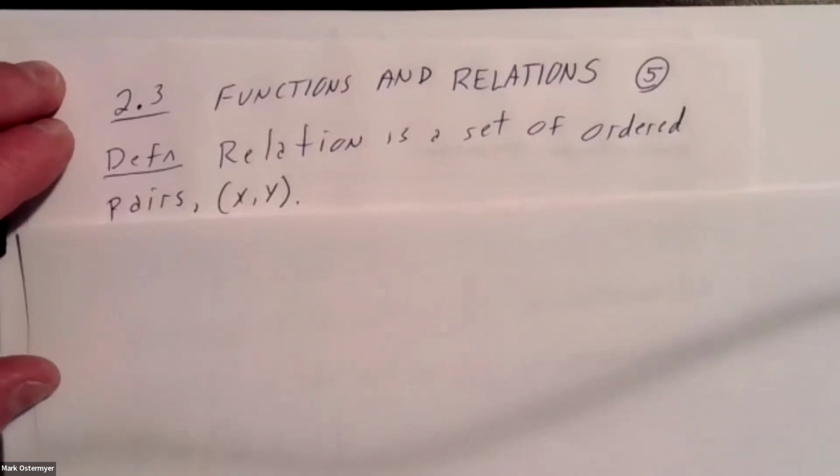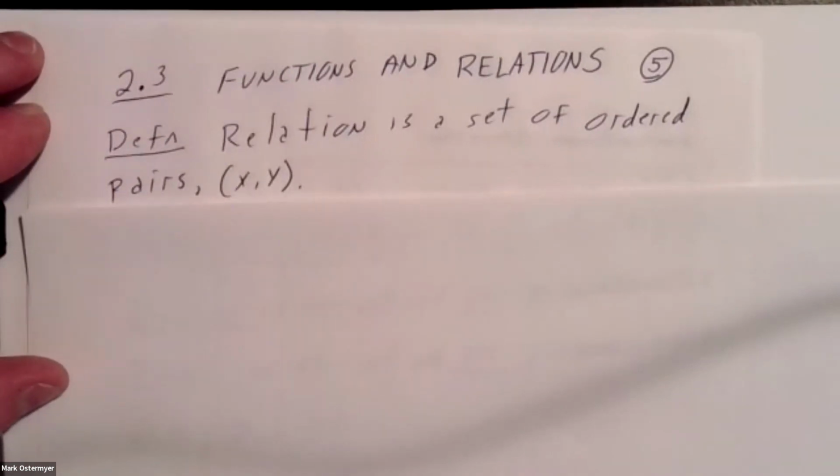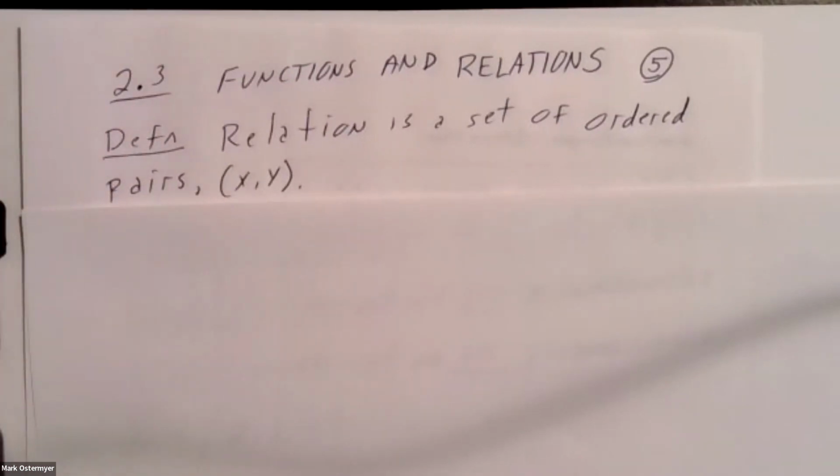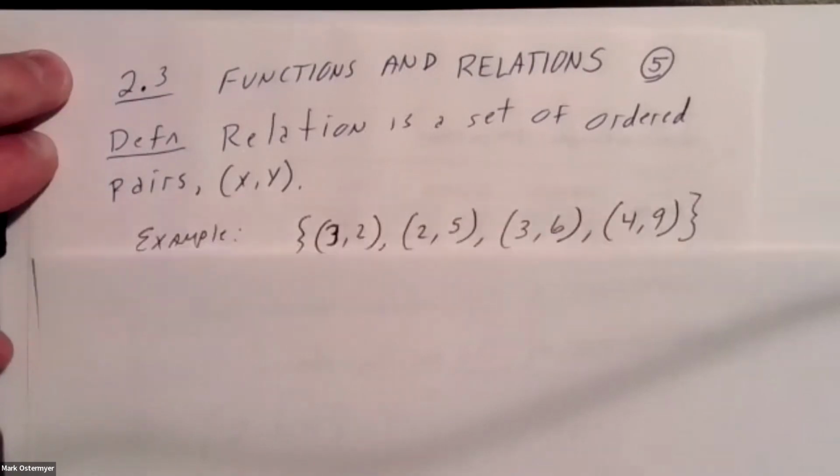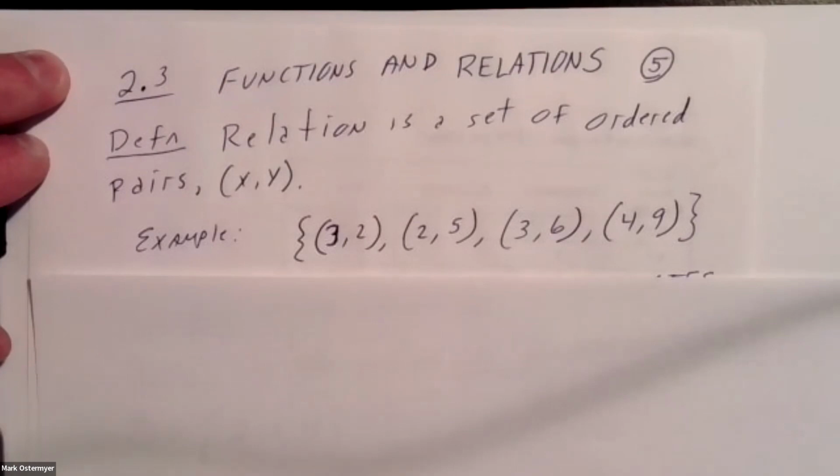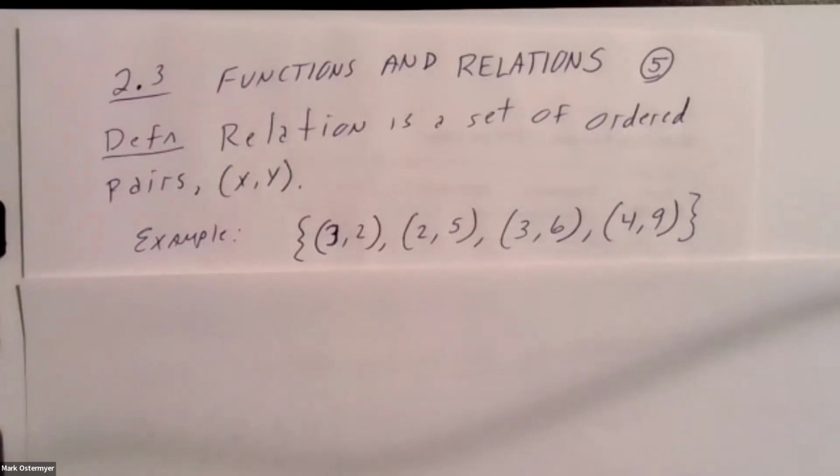What's a relation in mathematics? A relation, ladies and gentlemen, is a set of ordered pairs. A relation in mathematics is a set of ordered pairs. Here's an example of a set of ordered pairs. So that would be a relation by definition in mathematics. That's a relation.